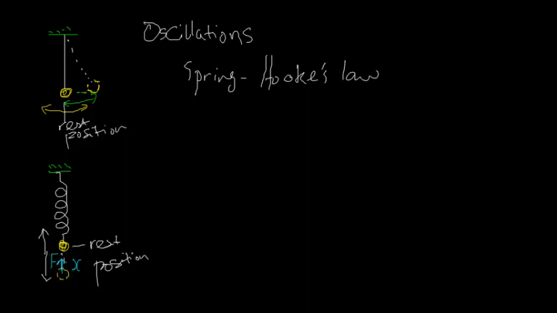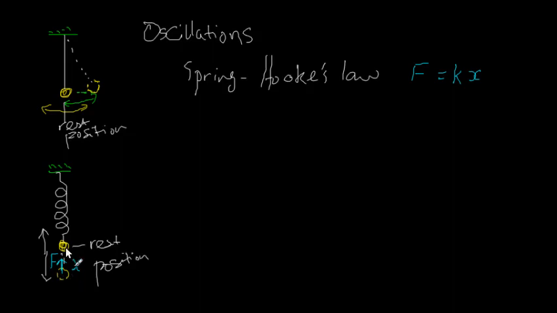certain force. Now Hooke's law tells us that this force is proportional to x, meaning that there's some constant, some fixed number k, times the displacement. So what we understand from this law is that if the displacement is bigger, meaning if I pull the ball more, then there would be a bigger force that pulls it back.